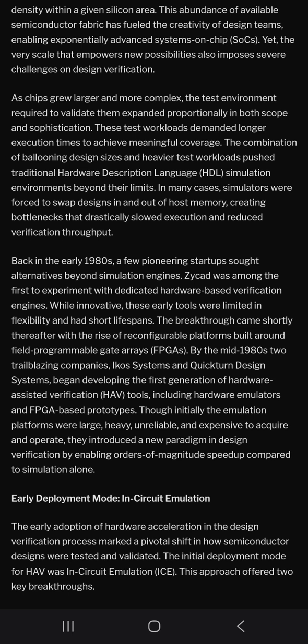Though initially the emulation platforms were large, heavy, unreliable, and expensive to acquire and operate, they introduced a new paradigm in design verification by enabling orders of magnitude more speed compared to simulation alone.